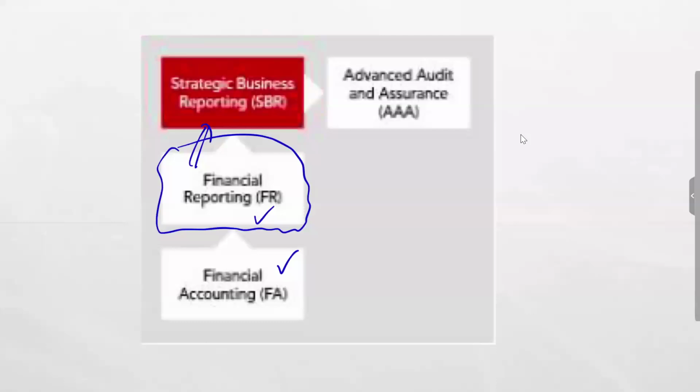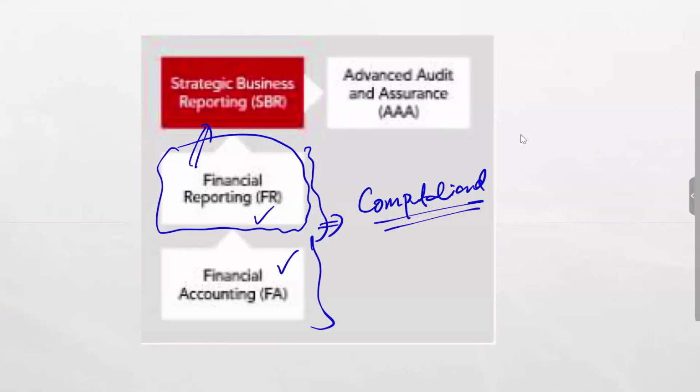Now, let me guide you on a major difference between strategic business reporting and financial reporting. The financial reporting paper and the financial accounting paper are majorly computational examinations. I repeat, they are majorly computational examinations.